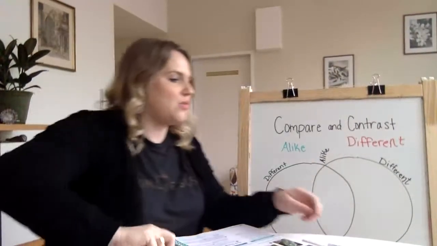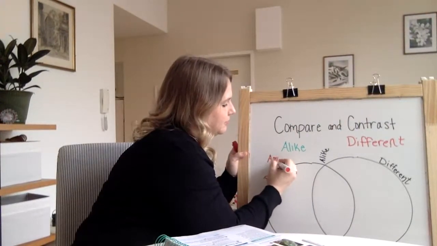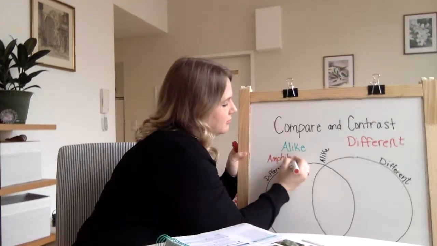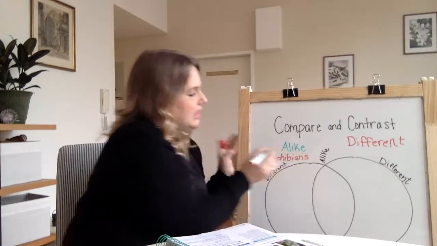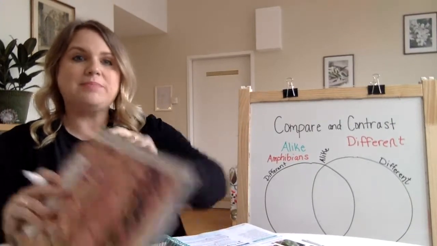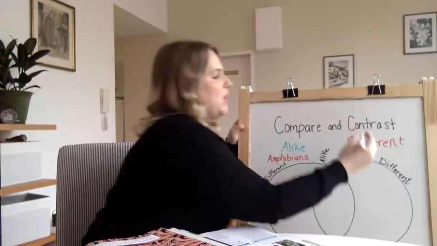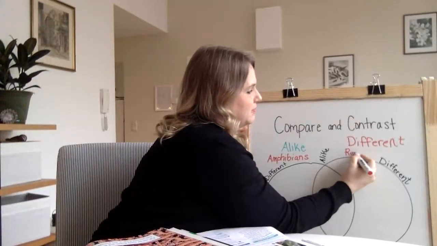So I'm going to write that on one side of our Venn diagram. And we also read about reptiles. So I'm going to write that on one side of our Venn diagram.